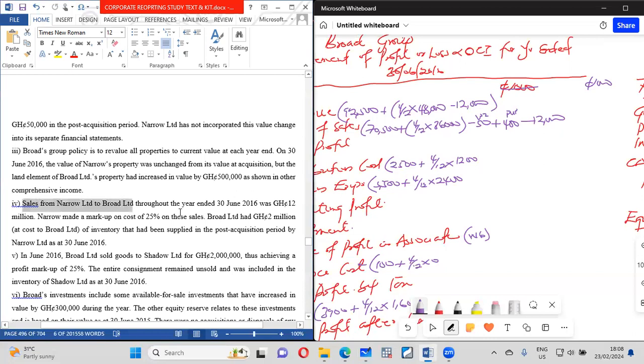All right, so this is sales from narrow to broad throughout the year. All right, so this is a whole year thing. So what it means is that we need to do 4/12 for this one too, because they said it's a full year. The post acquisition part is the one that we need to take out. So throughout the year means that. All right, so 4/12, 4/12.